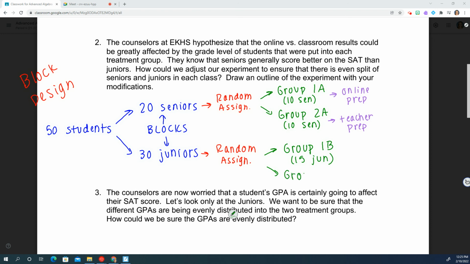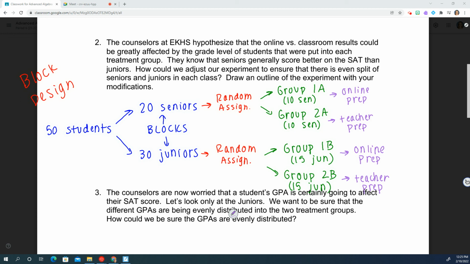And the other group with 15 juniors. Okay, so then same thing, randomly assign the treatment.